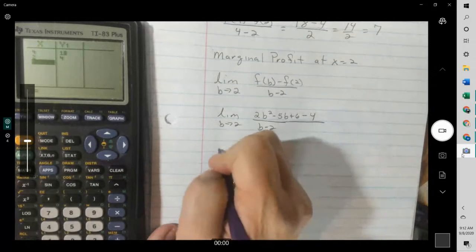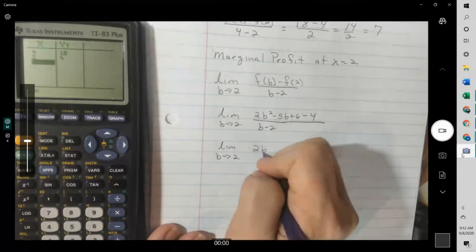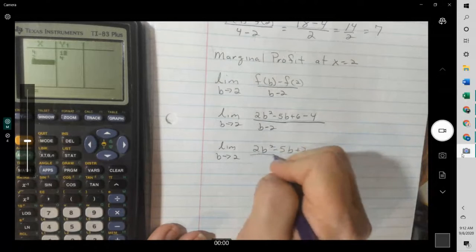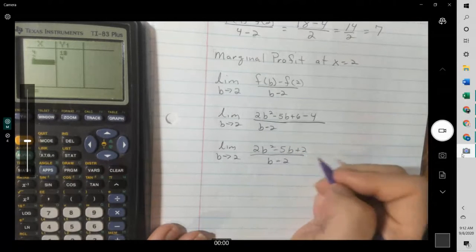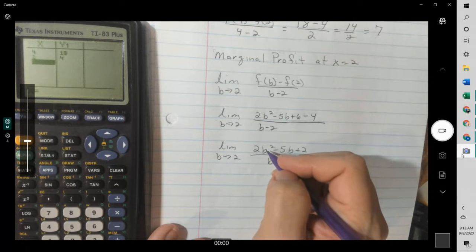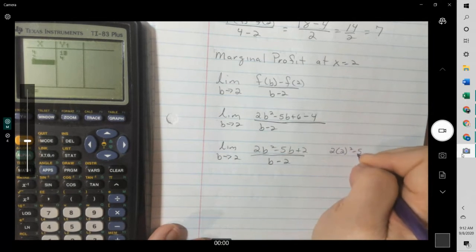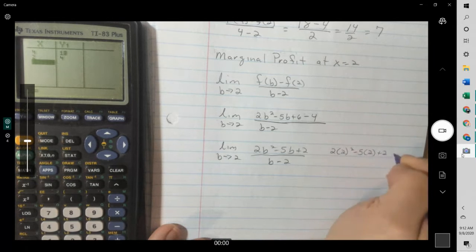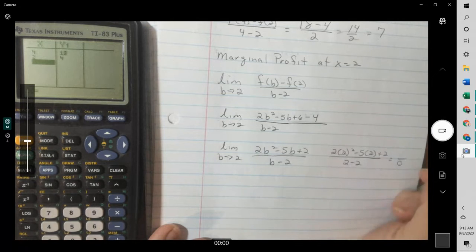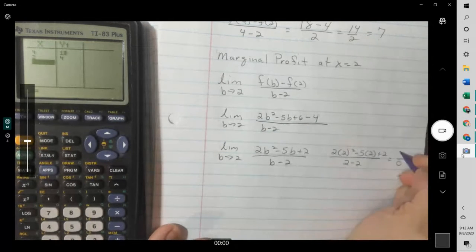Combine like terms on the top: 2b squared minus 5b plus 2 over b minus 2. Well, plug in the value and see what we get. If we plug it in, we know we're getting 0 on the bottom. On the top, 8 minus 10 plus 2, 0 over 0.